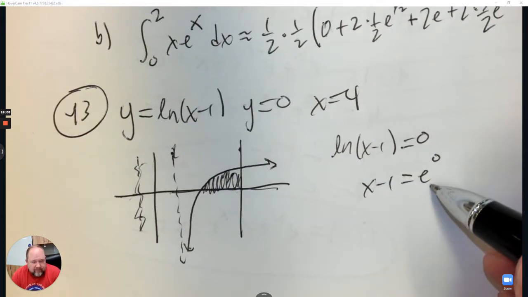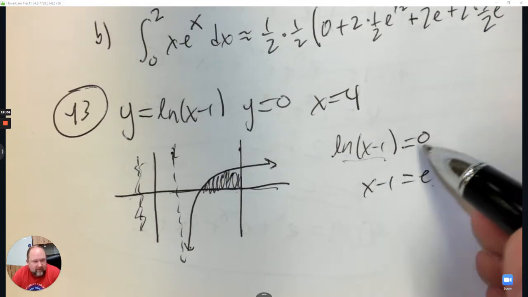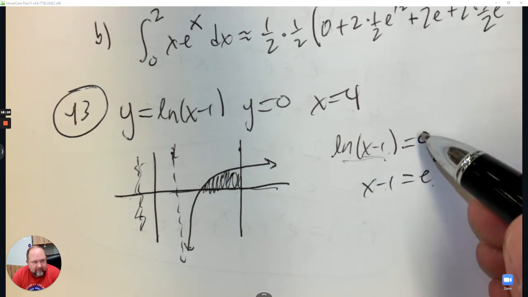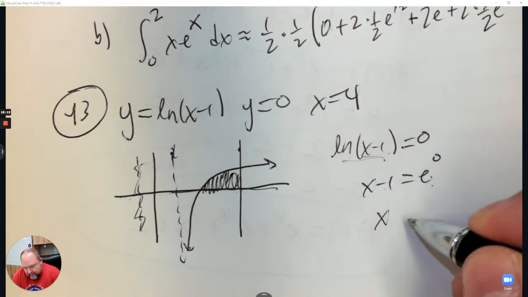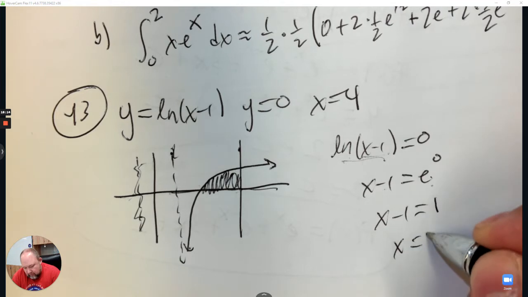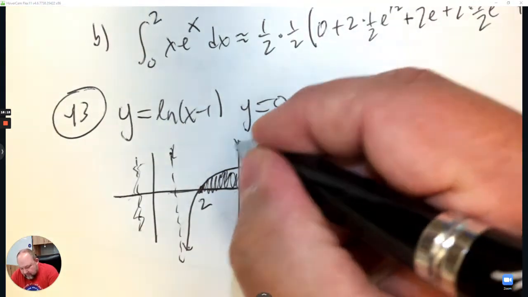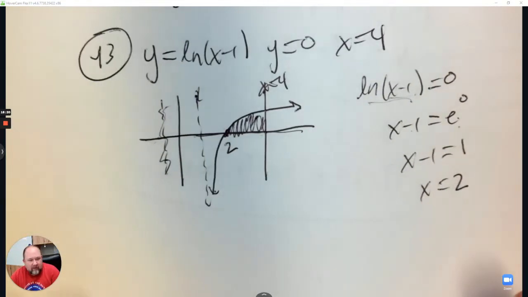I'm going to write it exponentially to find it. So you take the function equal to 0 and solve it. So what's inside the logarithm? The base to the exponent 0. So add 1. So this right here, I needed that number. That's 2, and this is 4. So now I can, that was the hardest part.